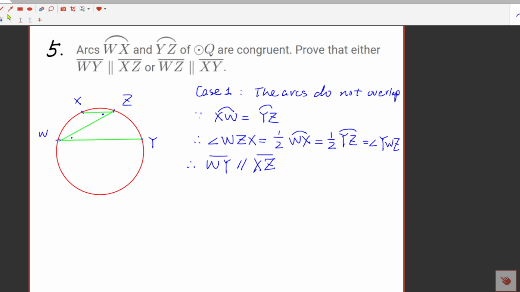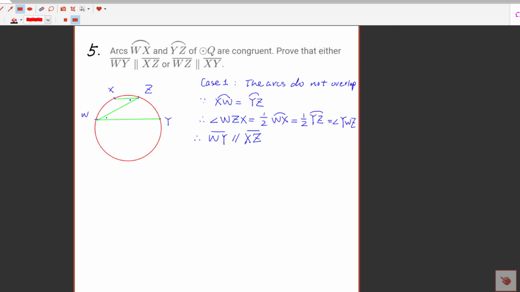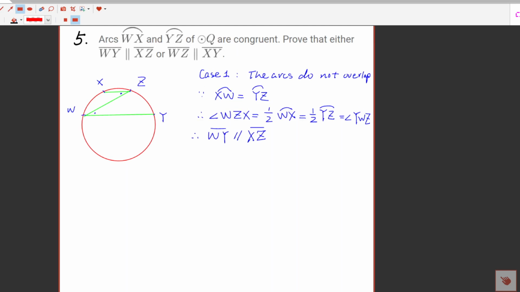Okay, now let's consider a second case. Imagine the arcs overlap.